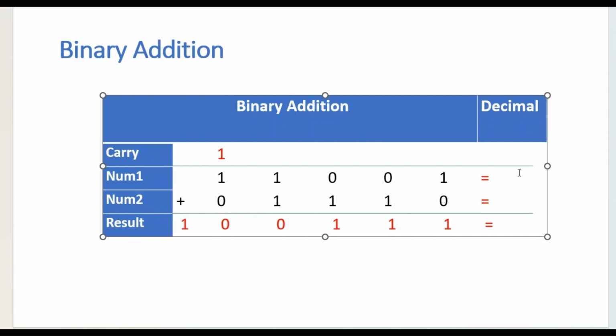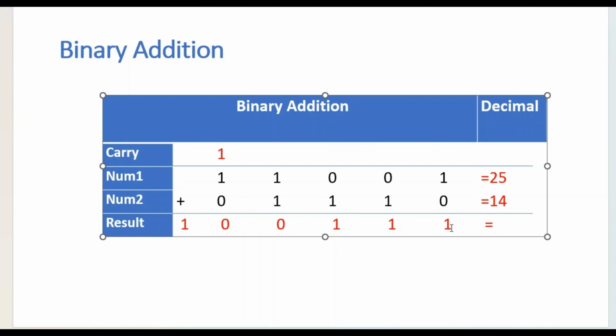Okay, so let's see their decimal. So the first number is 16 plus 8 is 24. 24 plus 1 is 25. And the second number is 8 plus 4 is 12. 12 plus 2 is 14.